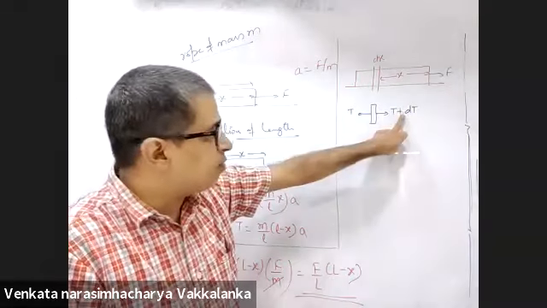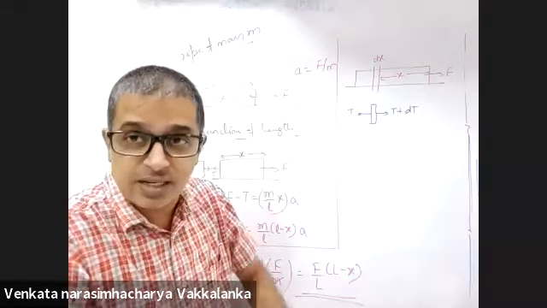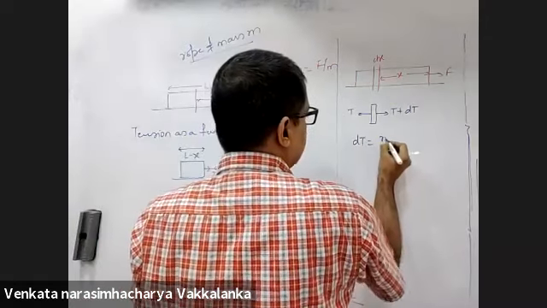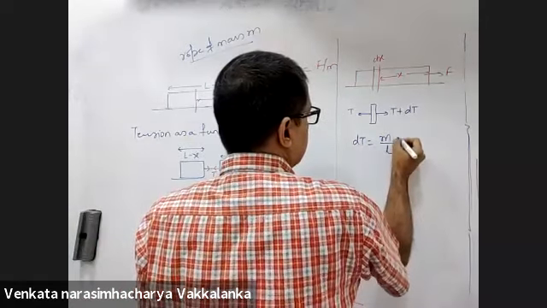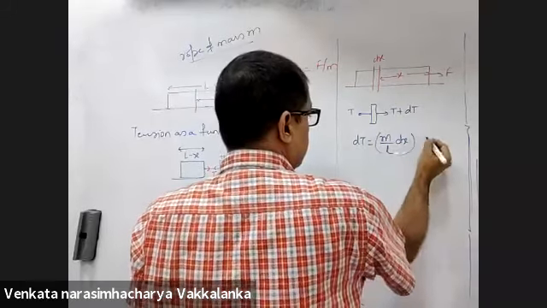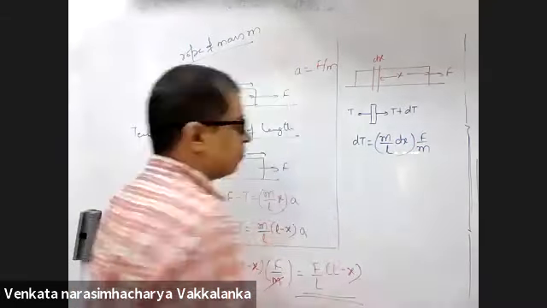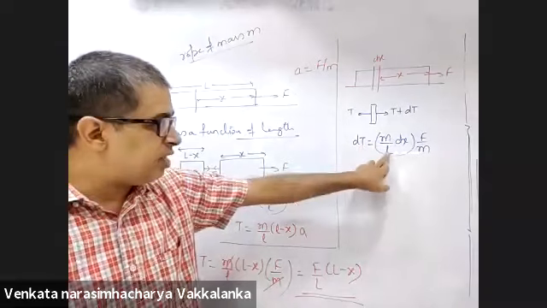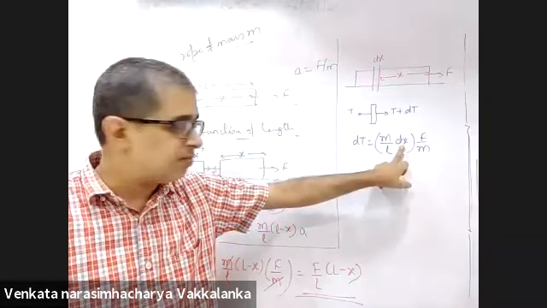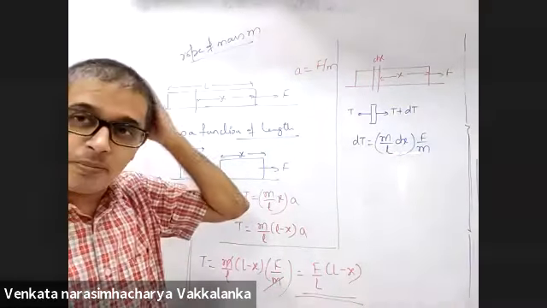What makes you say the force on the right side will be greater? Because the system is accelerating in that direction. Now dT I can write as mass per unit length into dx, this is the mass, into acceleration, which is F by m. dT is mass per unit length into dx into acceleration, F by m.